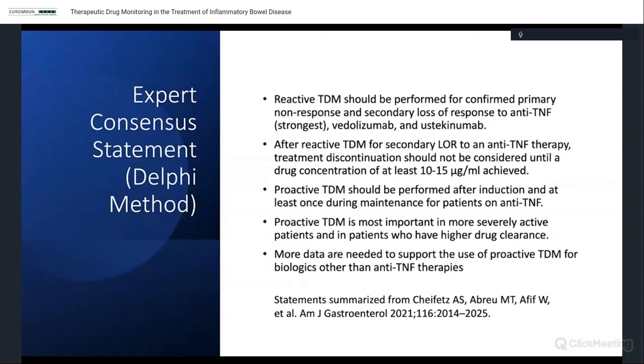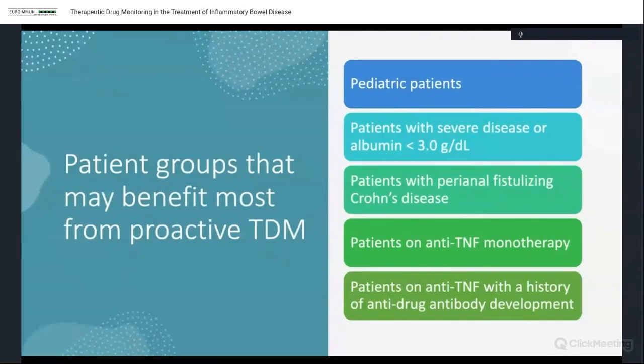And that proactive TDM is most important in more severely active patients and in patients who have higher drug clearance. They also state that more data are needed to support the use of proactive TDM for biologics other than anti-TNF therapy.